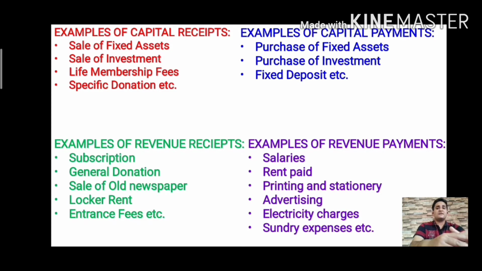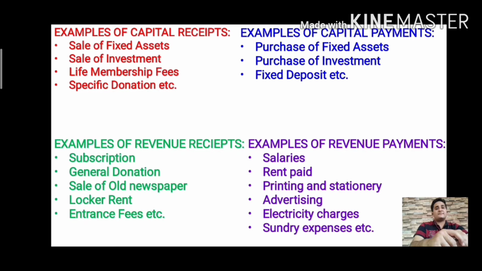That donation we will consider as a revenue receipt. But if your donation is for a specific purpose, for example, to organize some shows, then it is considered a specific donation, and it is considered a capital receipt.